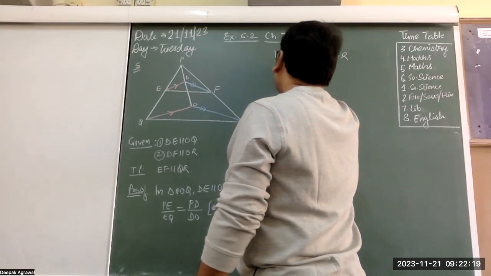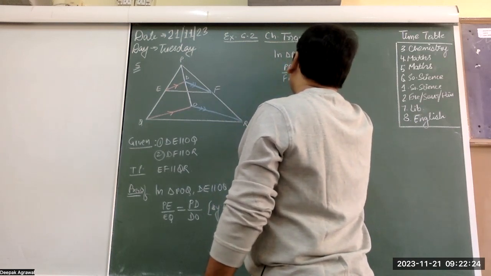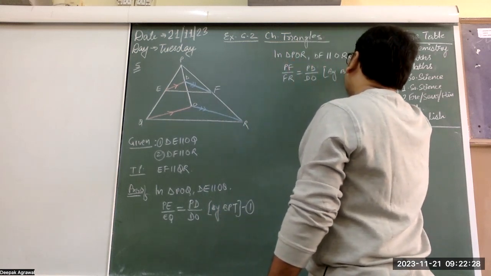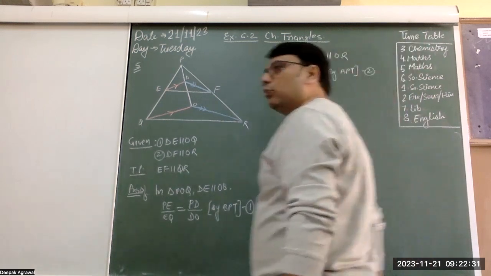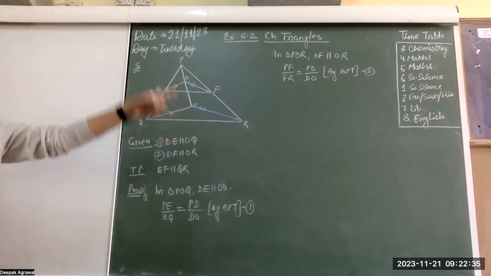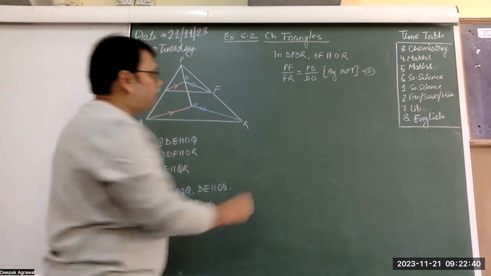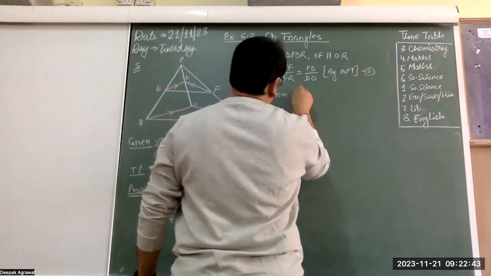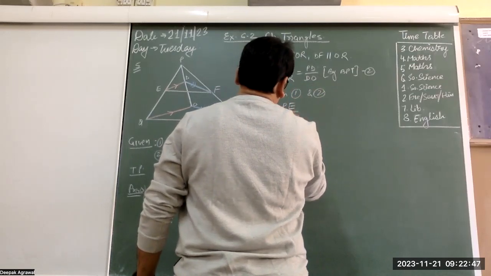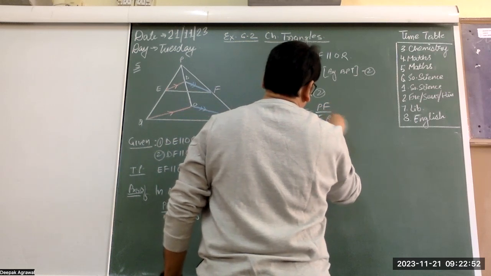So PF upon FR is equal to PD upon DO, again by BPT, and this is equation number 2. In 1 and 2, RHS are the same. That means LHS has to be the same. So from 1 and 2, I can say that PE upon EQ is equal to PF upon FR.